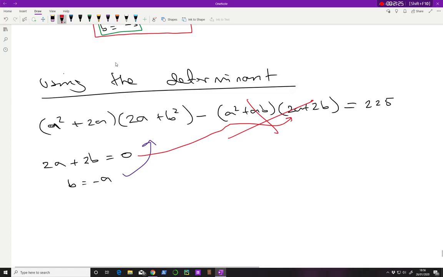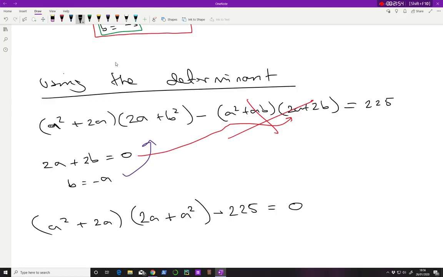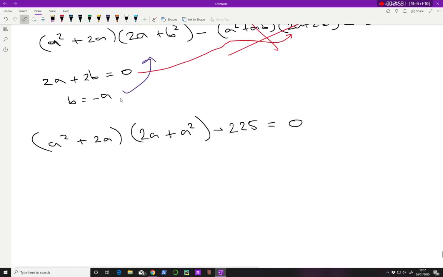I'm left with a squared plus 2a multiplied by 2a plus a squared, because minus a squared is going to be a squared, minus 225 equals 0, because I brought this over. Now this is going to give me a quartic.